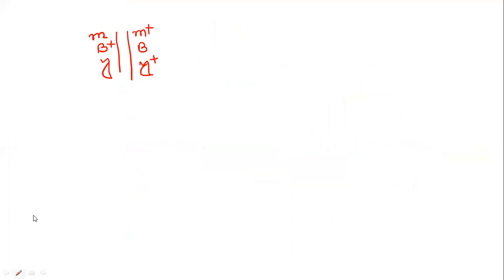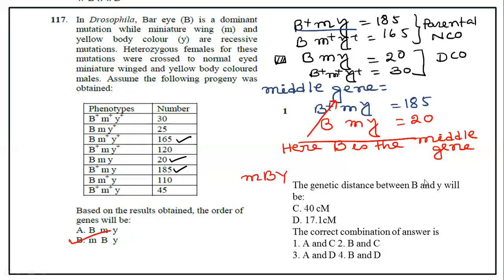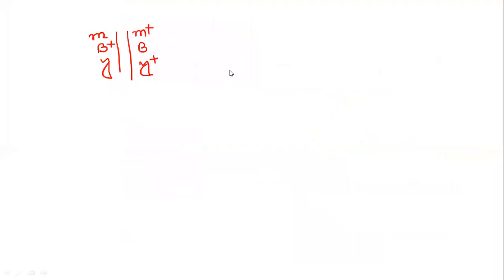Now we'll get the distance. Now we have to find out the map distance between B and Y. So if you calculate between B and Y, we are creating crossing over. What will be the progeny according to the arrow?